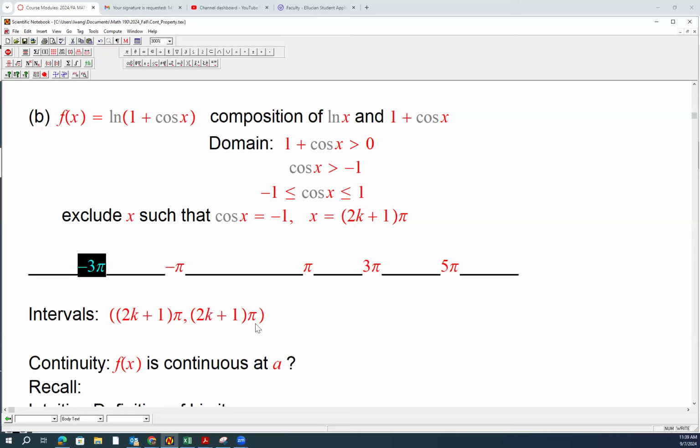Negative 3 pi to negative pi, that's 2 pi. So all we have to do is add another 2 pi.